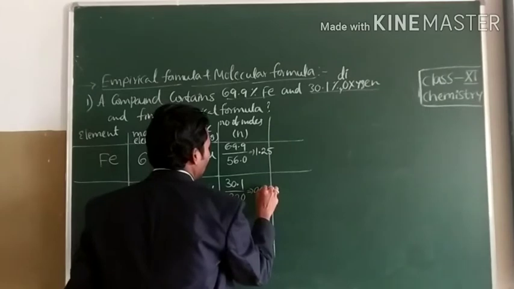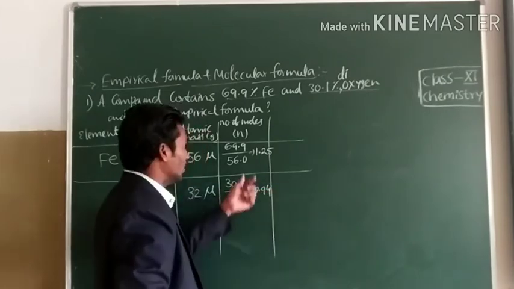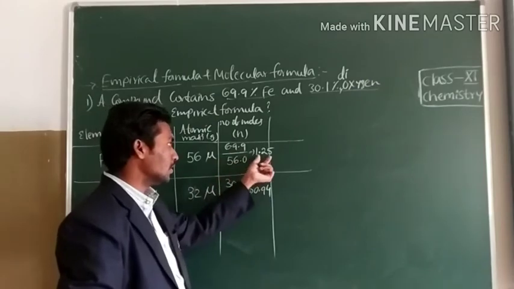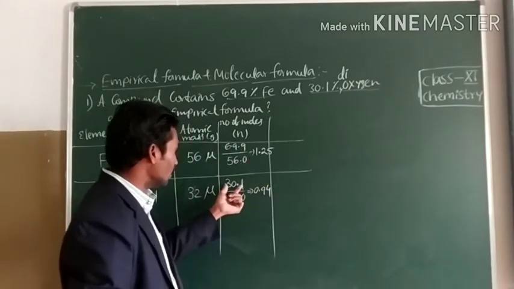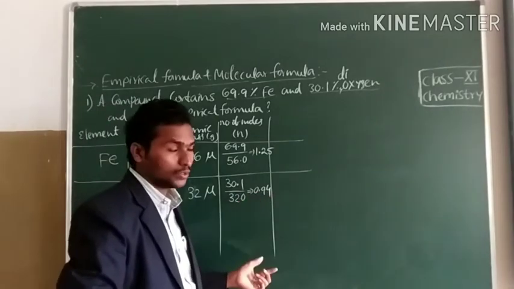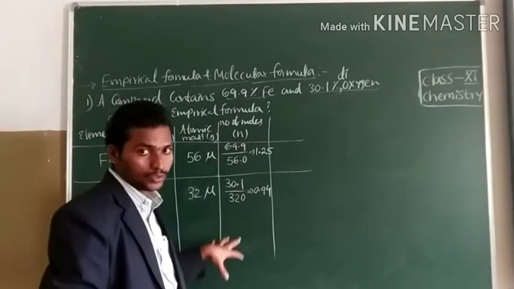If you simplify 69.9 by 56, you will get 1.25. For oxygen, 30.1 by 32, you will get 0.94 moles. So this is called the number of moles.